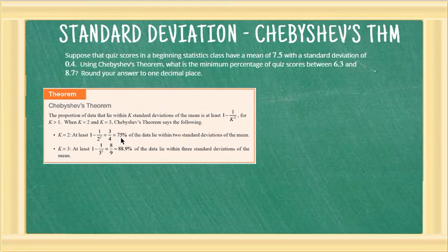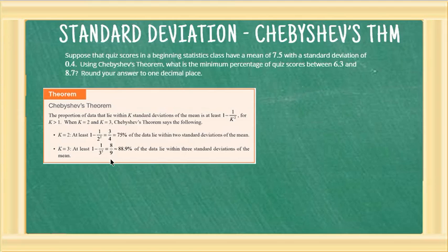And for 3, 1 minus 1 over 3 squared is 8/9, and that's the very minimum. Now, with the empirical rule, if it's any kind of bell shape at all, it's going to contain 99.7% of the population within 3 deviations plus and minus. Here he's just saying the very minimum.